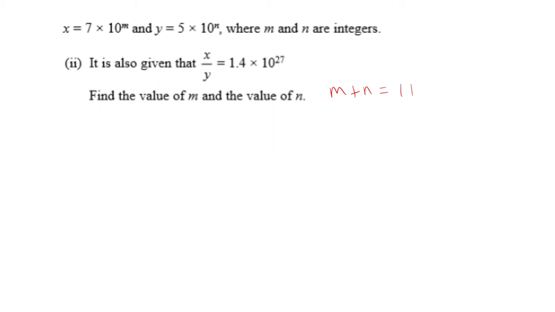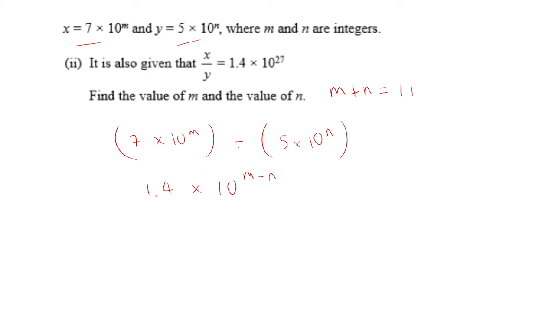So the way we're going to find the second equation is we'll actually divide x by y and see what we get. So we have 7 times by 10 to the m divided by 5 times by 10 to the n. So 7 divided by 5 is 1.4, and that's times by 10 to the power of m minus n because we subtract when we divide.